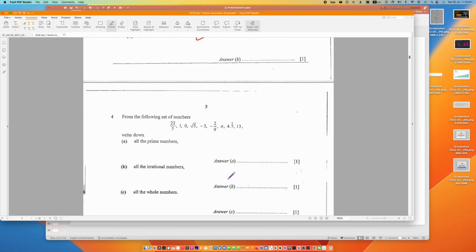One more time. 22/7. How do you read this? 3/4. When you read 3/4, when you read 20/7, what are all these? Fraction. Does it make sense to you now?